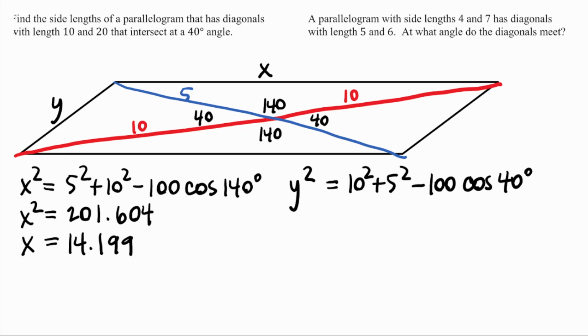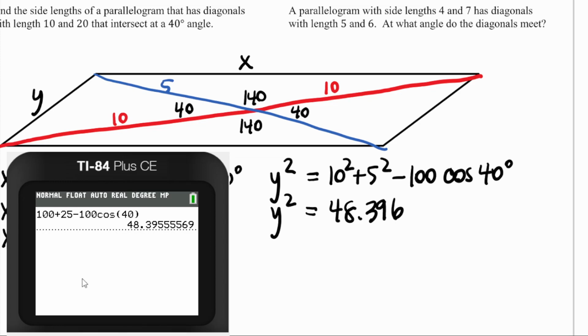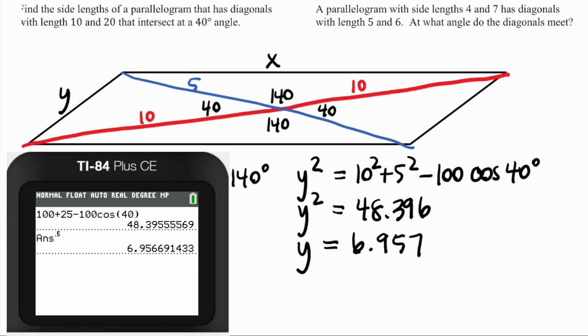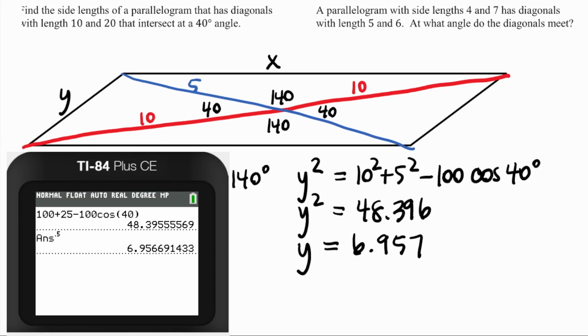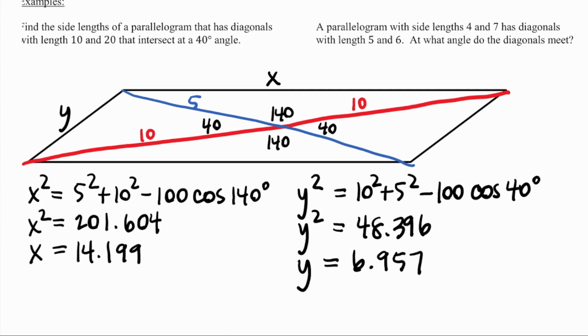I could have the calculator do my work for me. So we see that y squared is 48.396. We're going to take the square root of that, get y, and we'll say y is equal to 6.957. Okay, and with the calculator, we found the side lengths of the parallelogram.